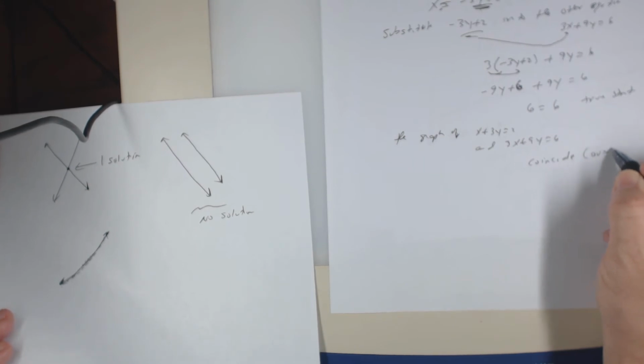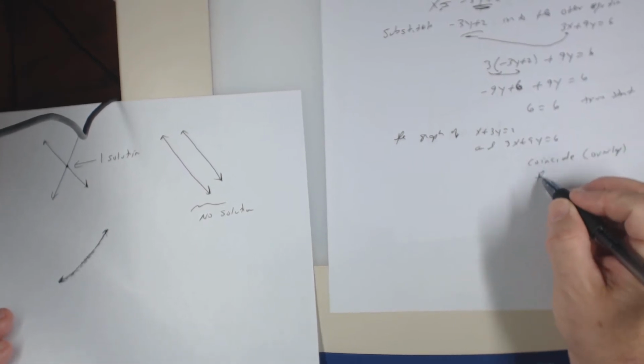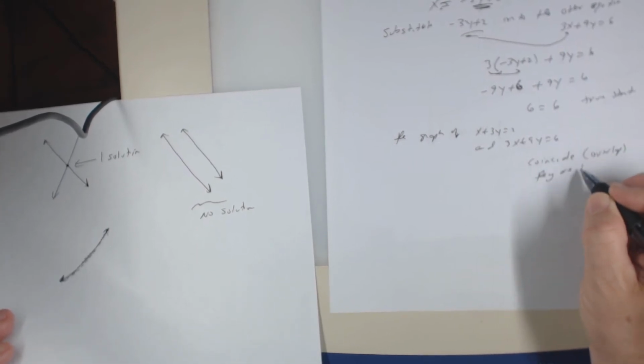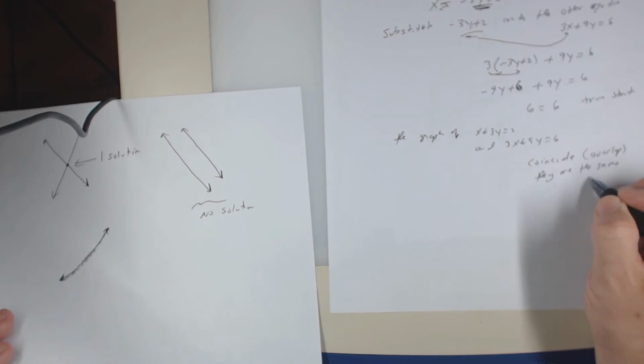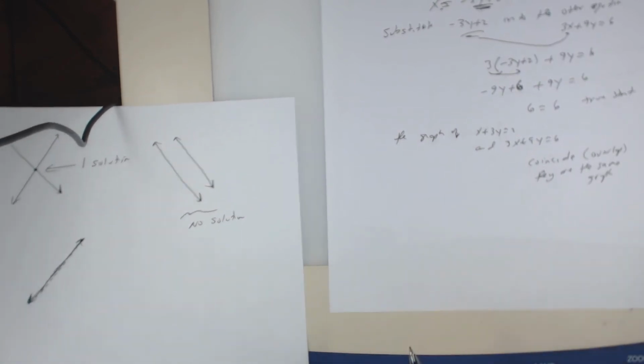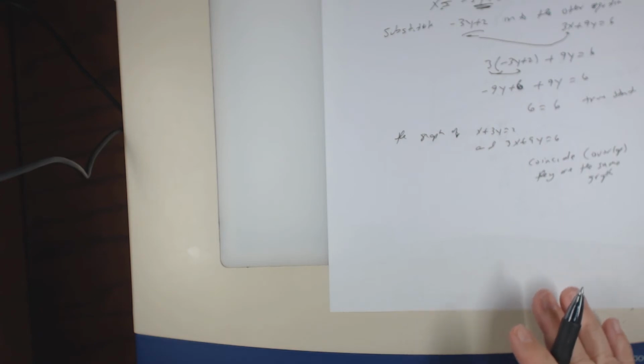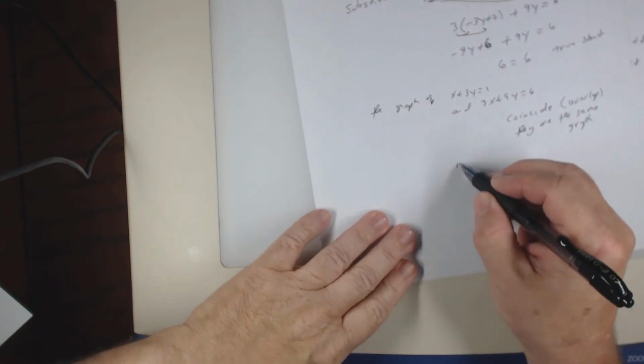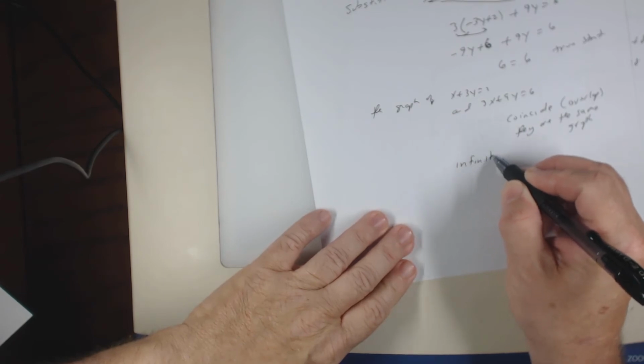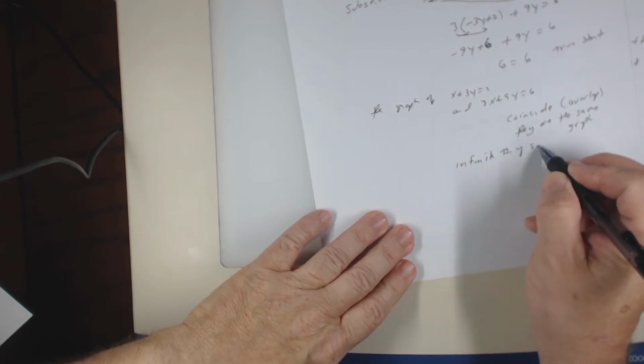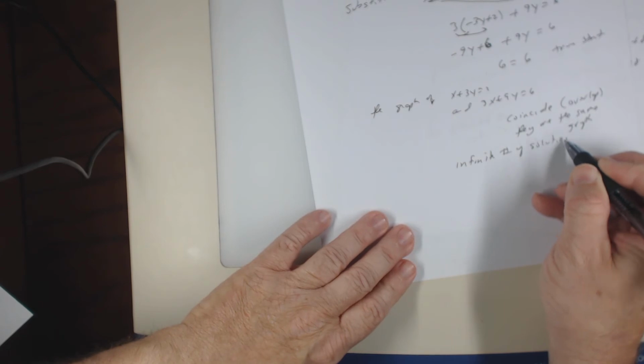They overlap. They're the same graph. So you get how many solutions? An infinite number of solutions.